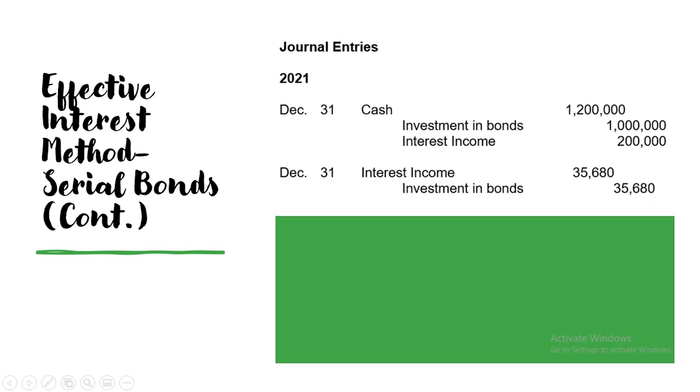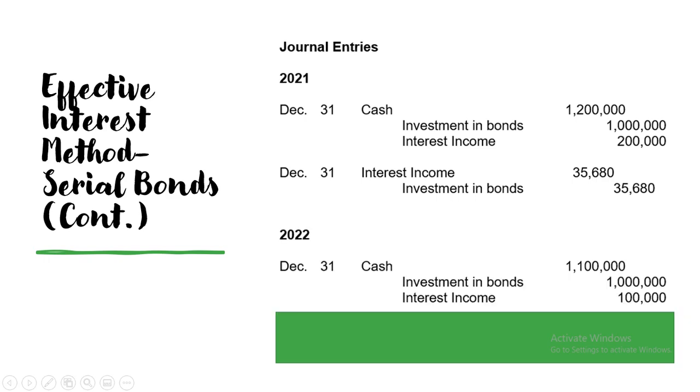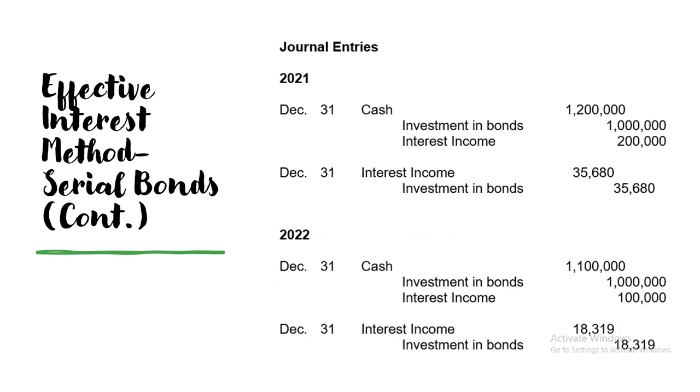Then, the amortization of the premium. And lastly, for 2022, collection again of the principal amount of the bonds and the interest. And the last amortization of the premium. So, these are the journal entries for effective interest method under serial bonds.